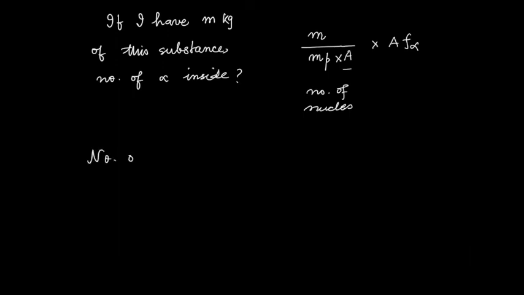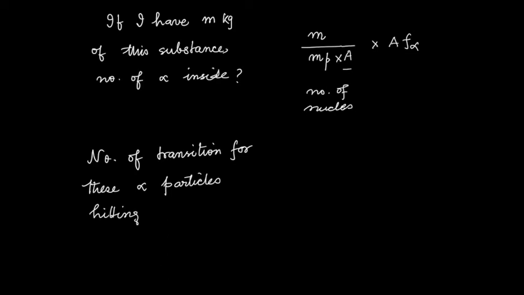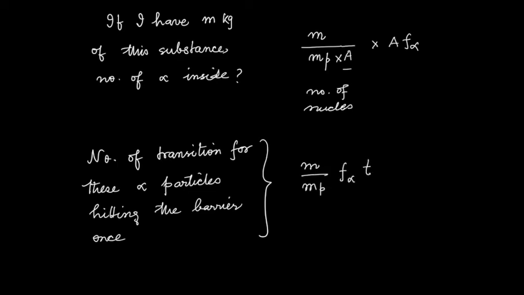So the number of transitions for these alpha particles hitting the barrier once will be m by m_p f alpha times the transition probability.